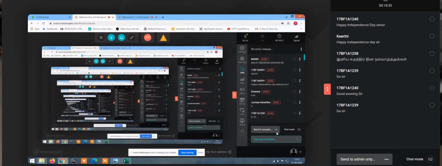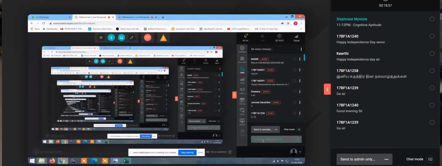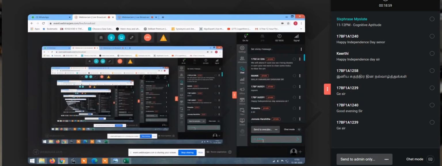So the timings are this. Morning 11 to 12 p.m., you are going to have cognitive aptitude. This is morning, guys. One minute, I'll post this as a message, so don't worry, you can see.